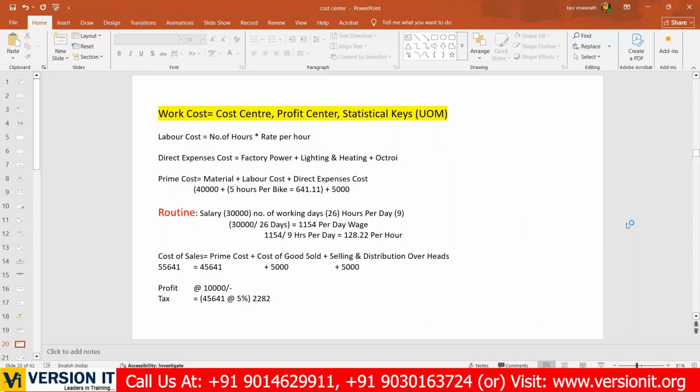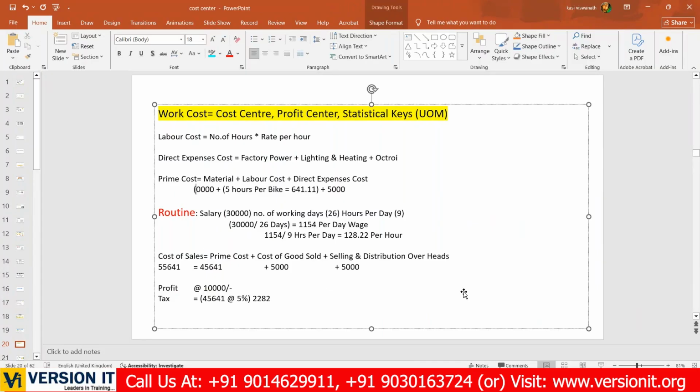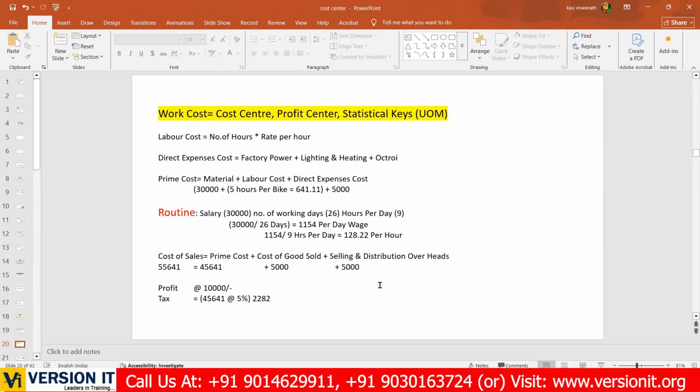So, what are the direct expenses? Nothing but what we maintain in the trading account as direct expenses, like factory power plus lighting and heating, and octroi.